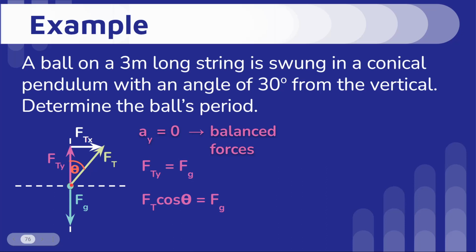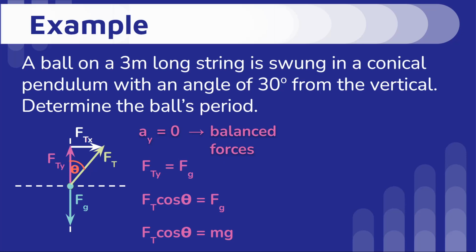Again, this is different than the last one because of the way we drew it. My y component is adjacent to my angle, so I have Ft cosine theta equals Fg. And again, I don't want Fg in there. Let's get it to a point where we can substitute in numbers that we might actually have. Ft cosine theta equals mass times gravitational field strength, little g. Similar process, slightly different looking equation.